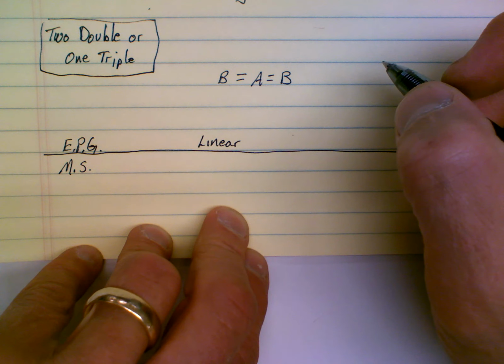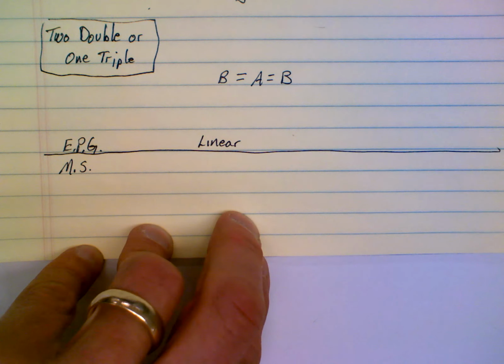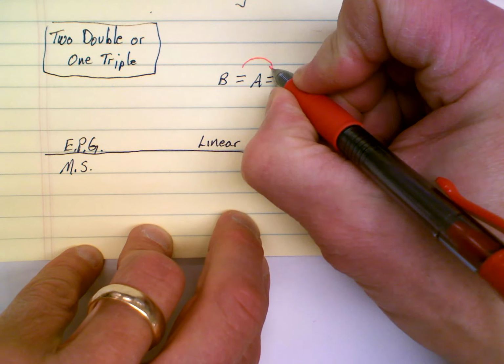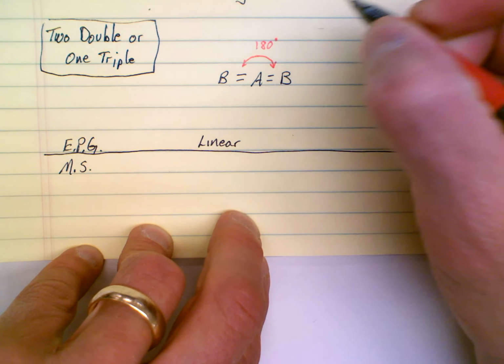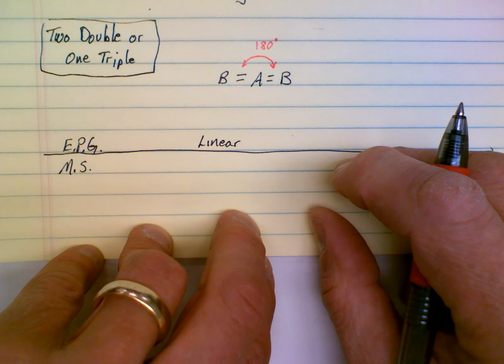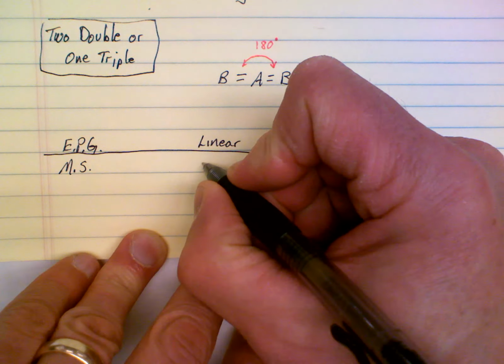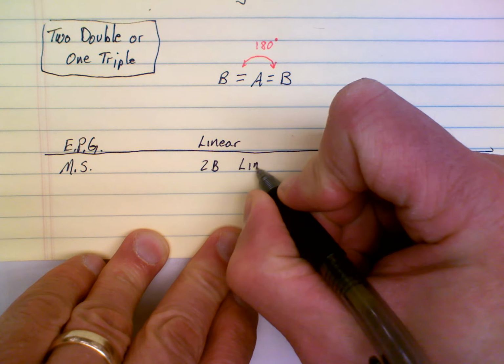So if you have that configuration, it's going to be linear. Again, these electron pairs are going to repel each other, so they're going to push away from each other so that we end up with 180 degrees here. That's as far away as possible they can get from each other. And so when we have the two B atoms attached to our central atom, it's going to be linear.